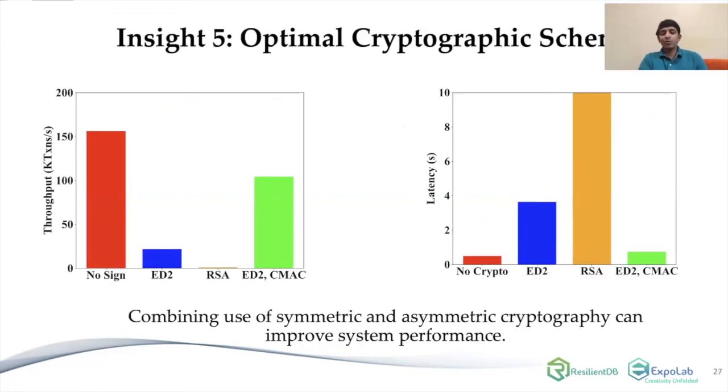Another insight which we wanted to test was, is there actually some effect of using different cryptographic schemes? To do that, we used 3 different cryptographic schemes. We employed RSA. Another one was ED25519 based digital signatures. And then we used a combination of CMAC and ED25519. And as you can see, when there are no signatures, the system has the highest throughput.